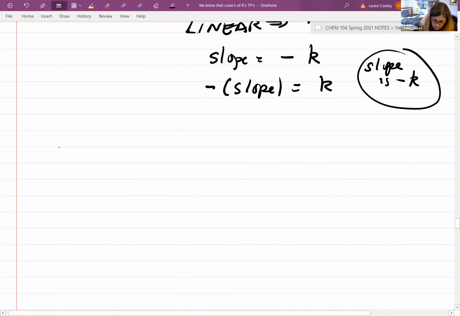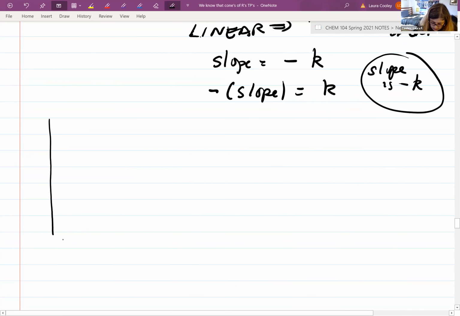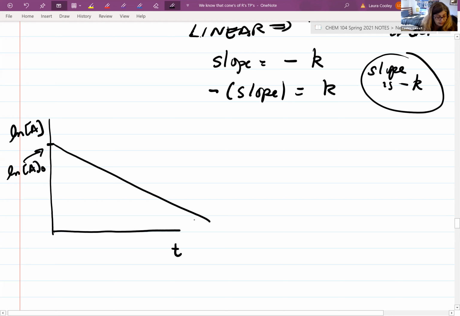So let me show you what this looks like graphically. If we graph the natural log of the concentration over time, the maximum value is the log of the initial, and then we're going to get a line going down like this. The slope is the negative of the rate constant.